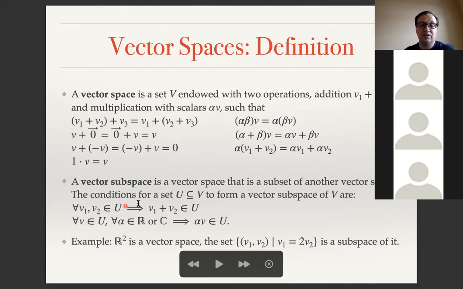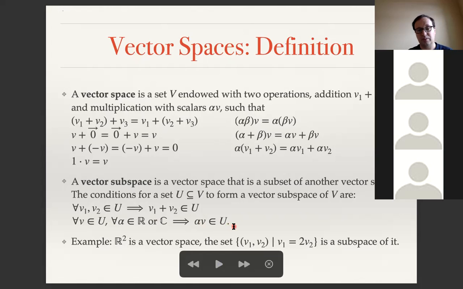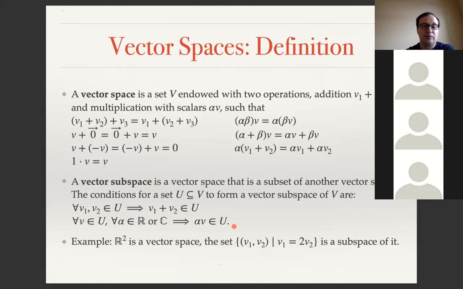The conditions for a set to form a vector subspace are just two: the sum of any two vectors from the subspace is in the subspace, and a scalar times a vector from the subspace is also in the subspace. If we know that there exists a surrounding vector space, then it's much easier to prove that a certain subset of it is a vector subspace.